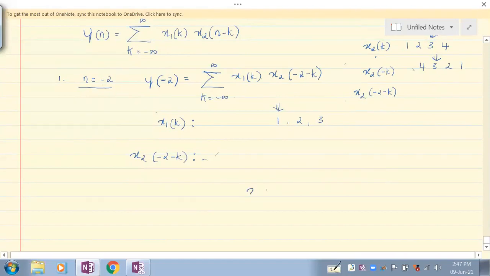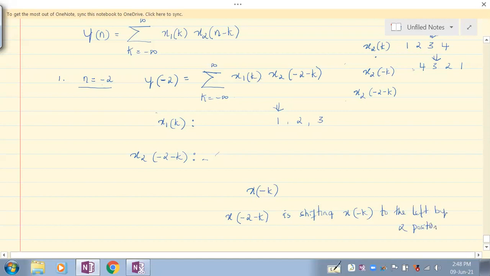If you have x of minus k, x of minus 2 minus k is shifting x of minus k to the left by 2 positions.